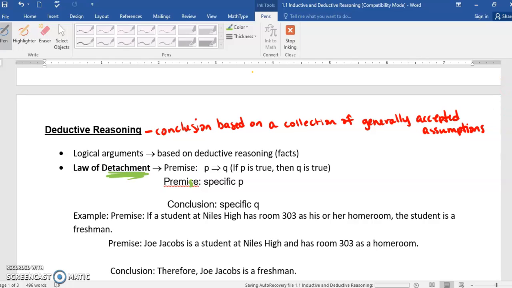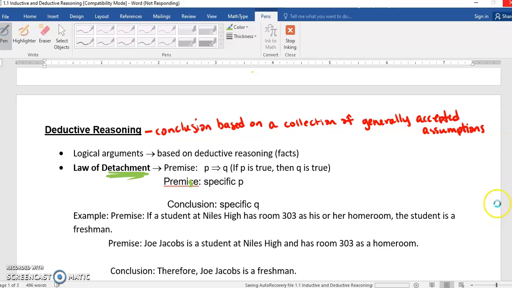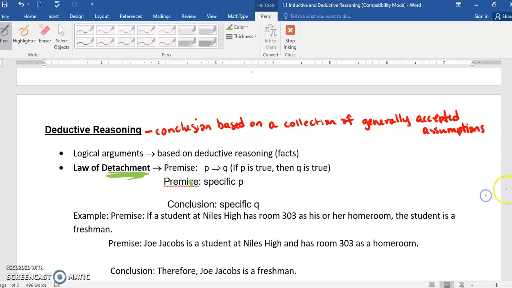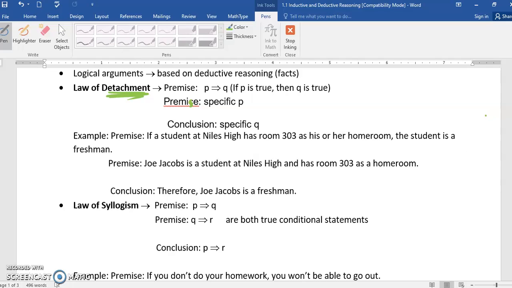For example here, if a student at Niles High has room 303 as his or her homeroom, then that student is a freshman. Well, so there's really to think about the if-then part of it. There's two parts to this. So if they have 303 as their homeroom, then that student is a freshman.